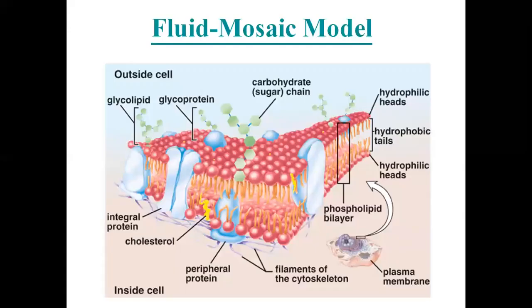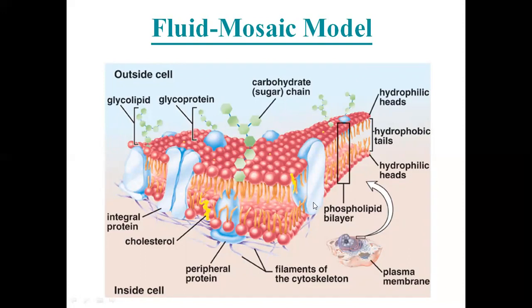This is the structure of the fluid mosaic model, which is the important structure of the plasma membrane. We can see a phospholipid bilayer, which is composed of hydrophilic heads and hydrophobic tails.